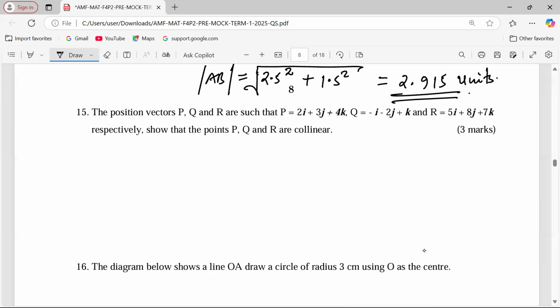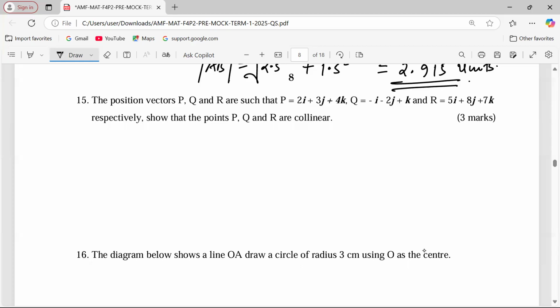For us to show collinearity, we have to examine it in this way. We have to talk about any two vectors within the three provided. So we can talk about vector PQ, and we also relate it with vector PR.